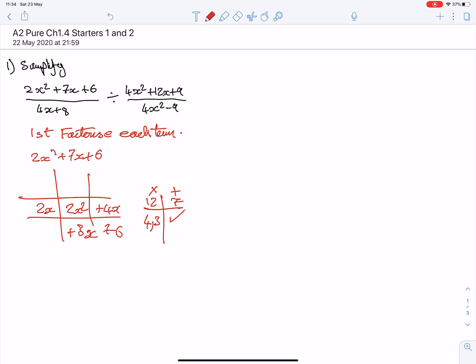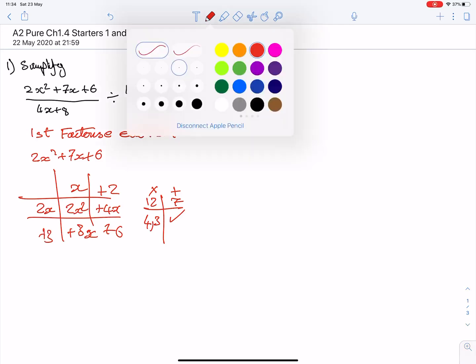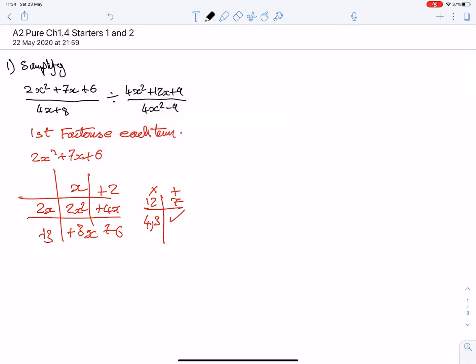Factorise, take out the 2x, x plus 2, plus 3. So we now know that we've got 2x plus 3 and x plus 2 on the top of that first fraction. So we have factorised that to get that.